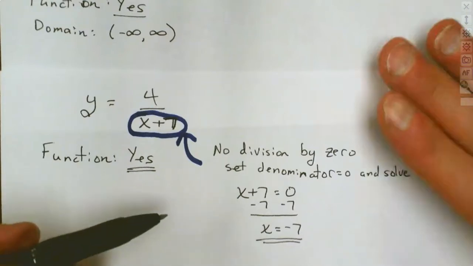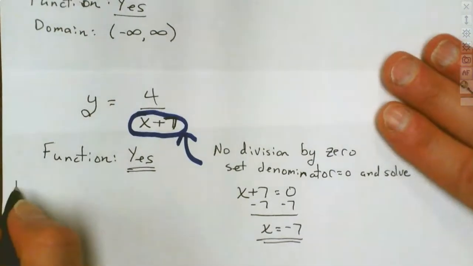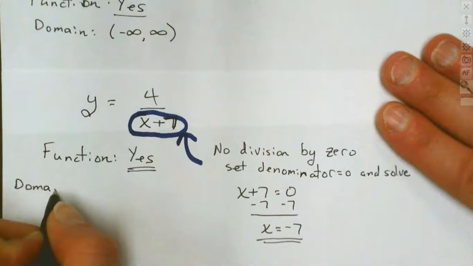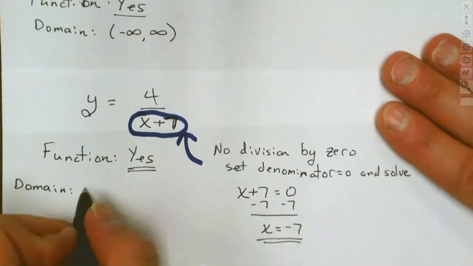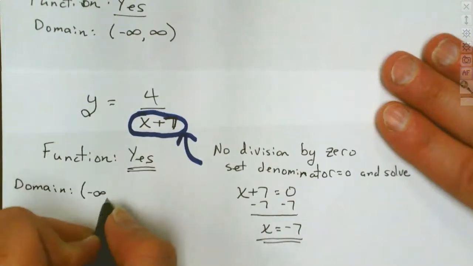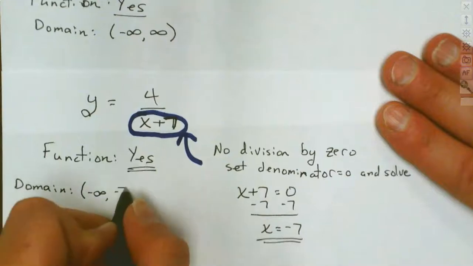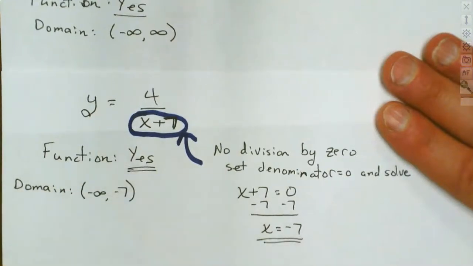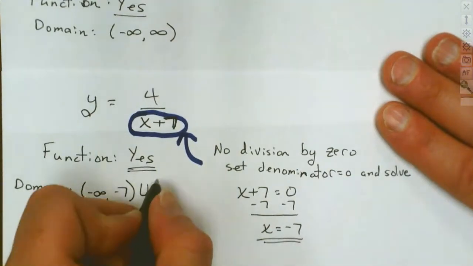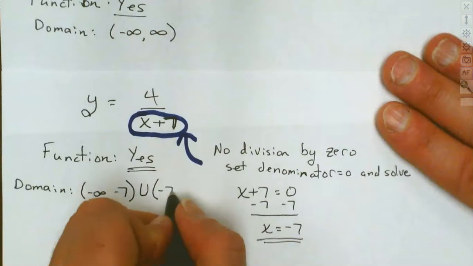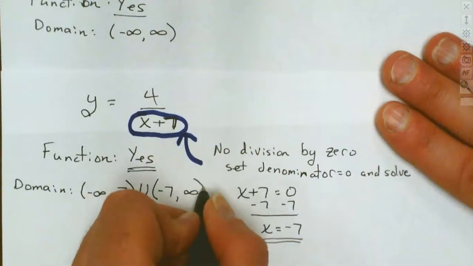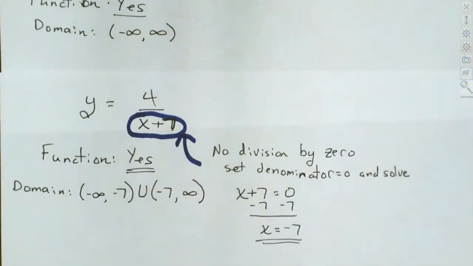And then how do we write our domain? Well, our domain is going to be everything else. So my domain would then be negative infinity to negative 7 with parentheses, union, negative 7 to positive infinity. And what that is saying is every number can work except for what? Except for that negative 7.